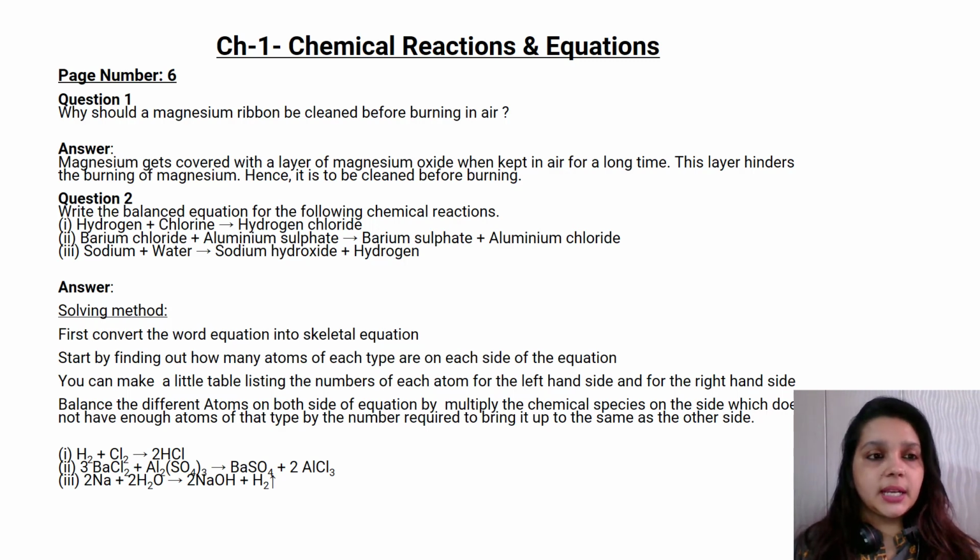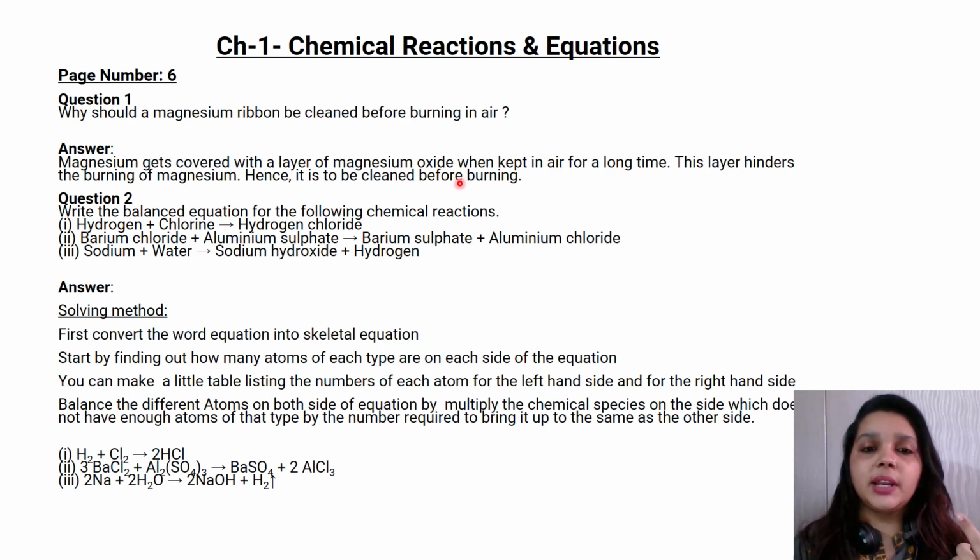So the first question it asks us: why should a magnesium ribbon be cleaned before burning in air? This is a general thing that we do, but why should we be doing it? Basically, magnesium gets covered with a layer of magnesium oxide when kept in air for a long time. So whenever we expose magnesium to air, oxidation happens and a layer of magnesium oxide is formed on top of it.